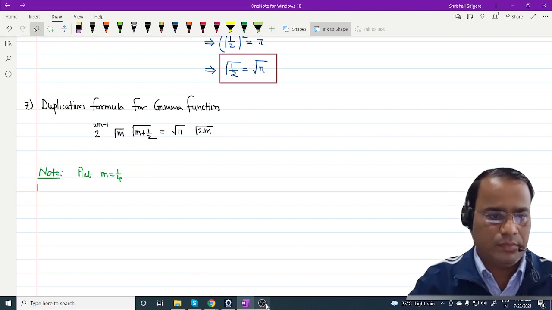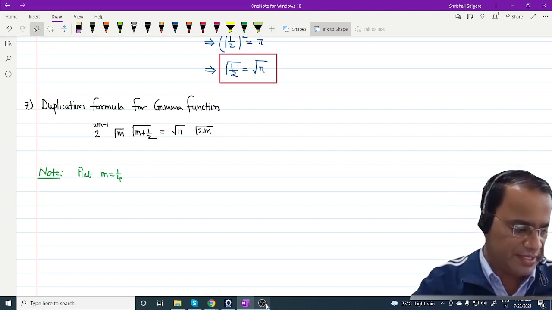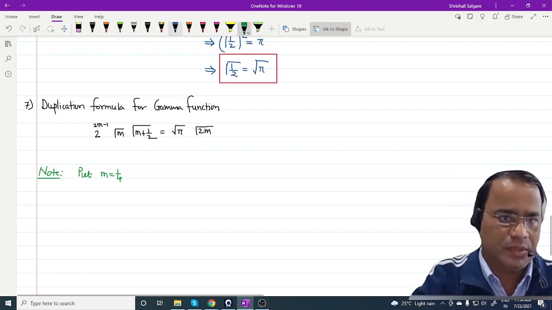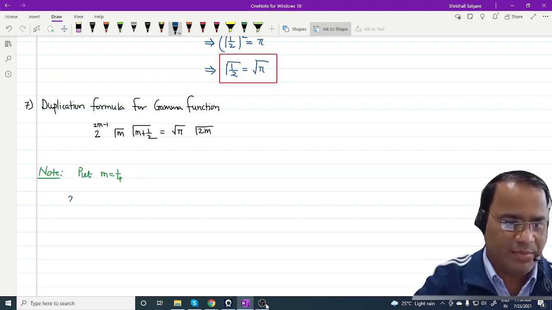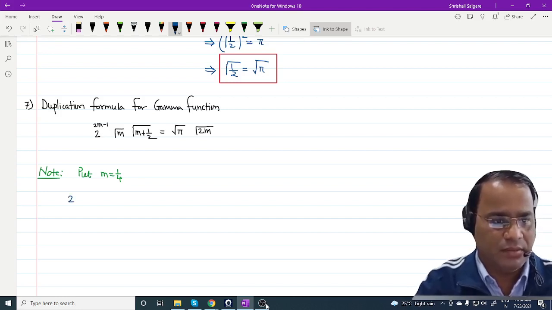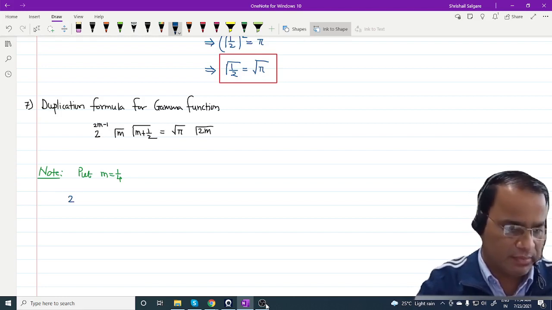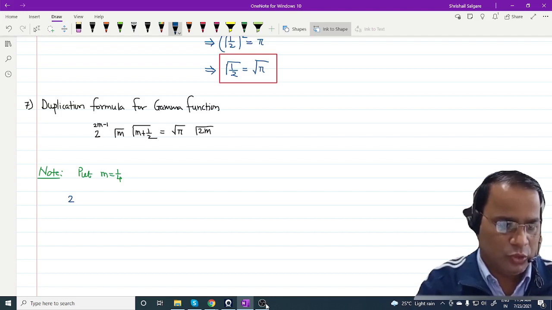Suppose we simplify it. Then what will come? It is 2 raised to, at least tell me the power. What is 2m minus 1? 2m is 1 by 2, minus 1. What is the value? Minus 1 by 2. Yes.